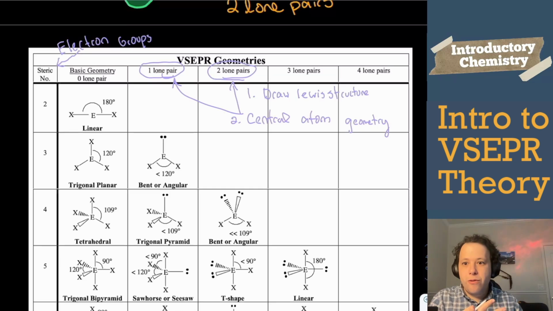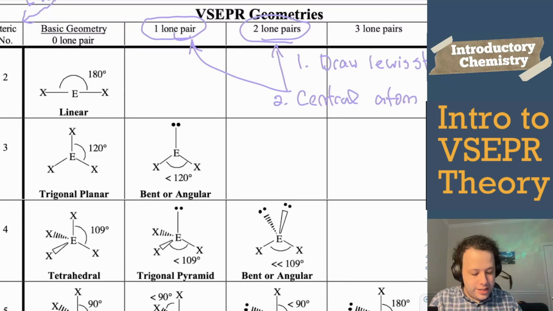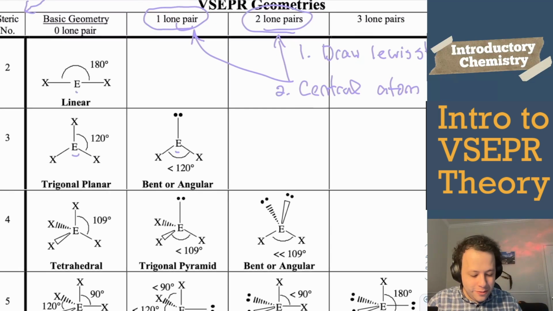We're going to be referring to this as our central atom. So the letter E's that are here are your central atom. You can see there's E's at the beginning of all these different species here. The X's are what's bound to that central atom. On this last one, we had two electron groups, so we're going to go to the 2.